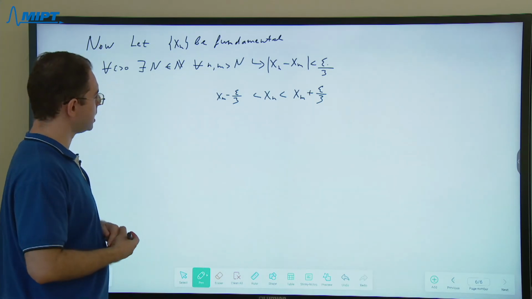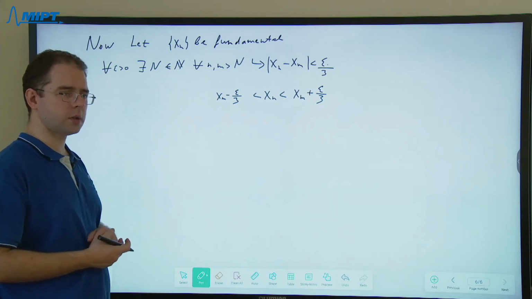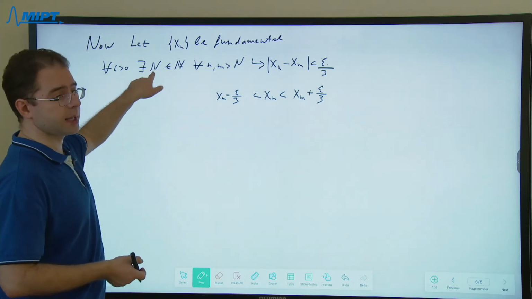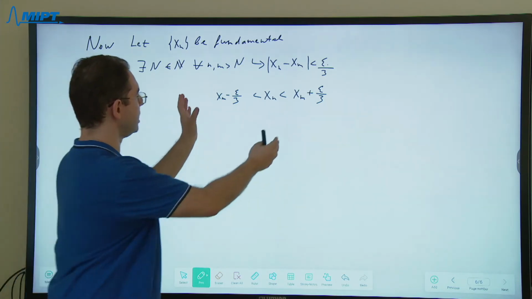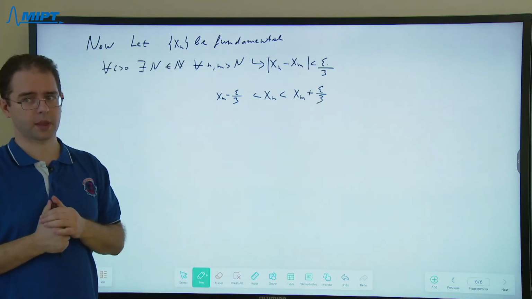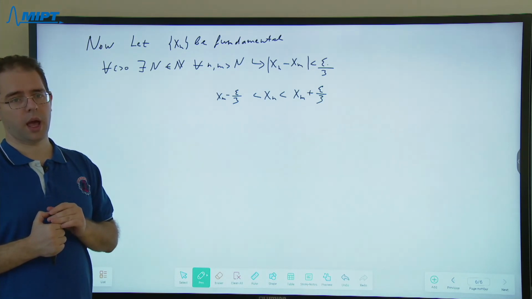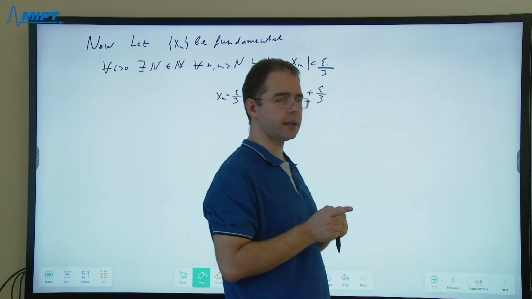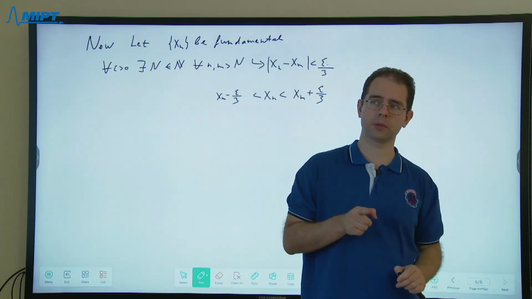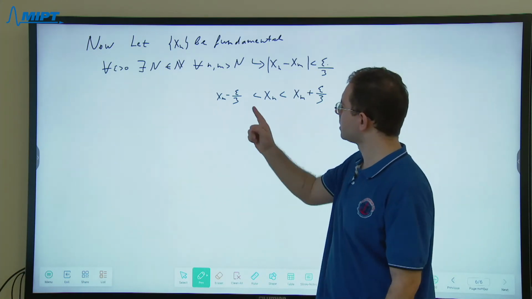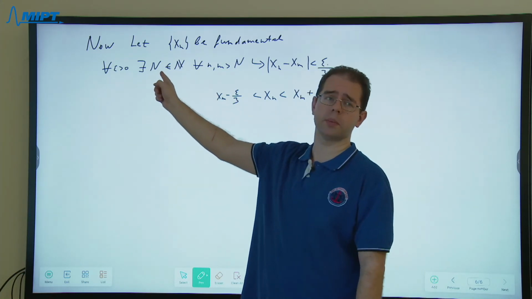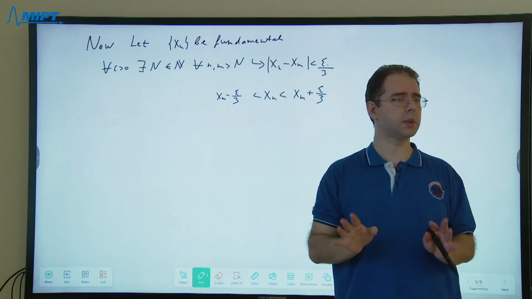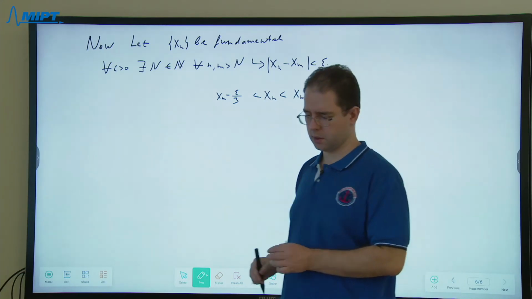So this means that all of the terms of my sequence starting from capital N lie in this interval. And since there is only a finite number of terms of my sequence that have smaller numbers than capital N, then my whole sequence is bounded. Let me write it down.